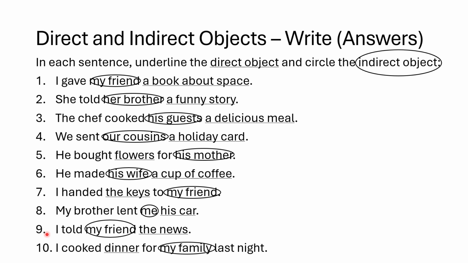I told my friend the news. The news is the direct object, and my friend is the indirect object. 10. I cooked dinner for my family last night. Dinner is the direct object, and my family is the indirect object.